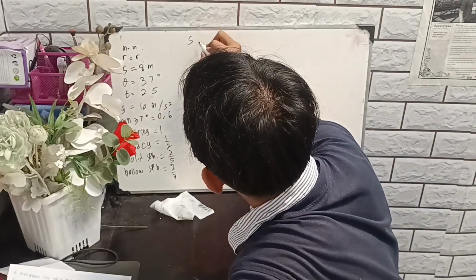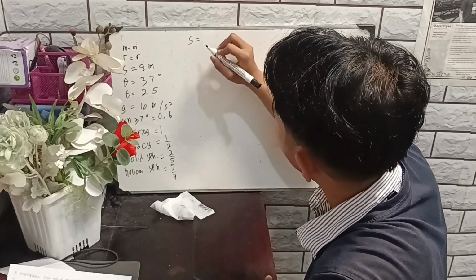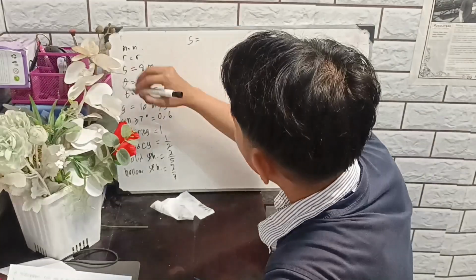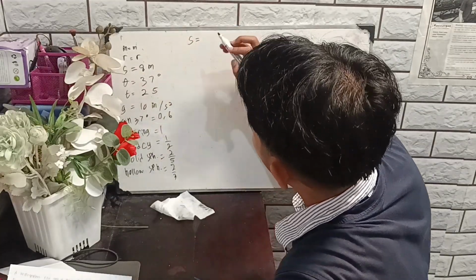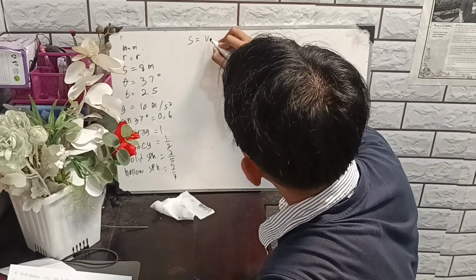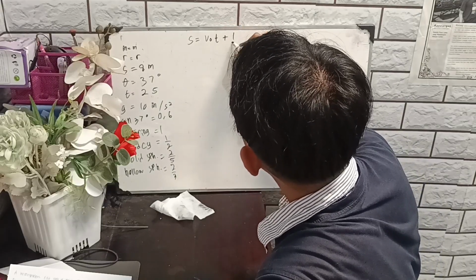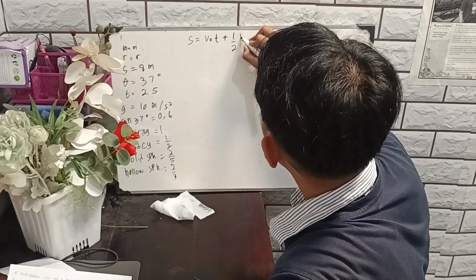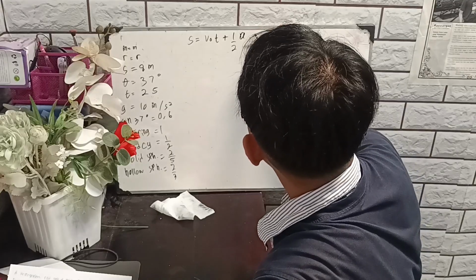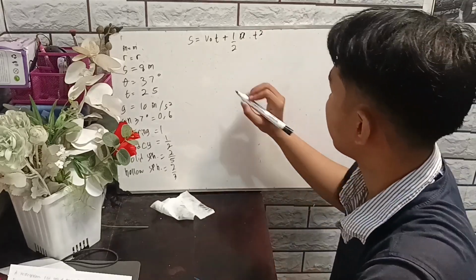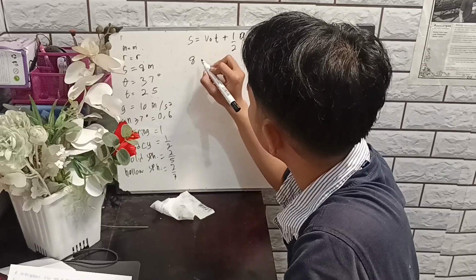First, we know that the kinematics have 3 equations, and from this we can use the second one: S is equal to V0 times t plus a half of acceleration times t squared. We know that S is 8.